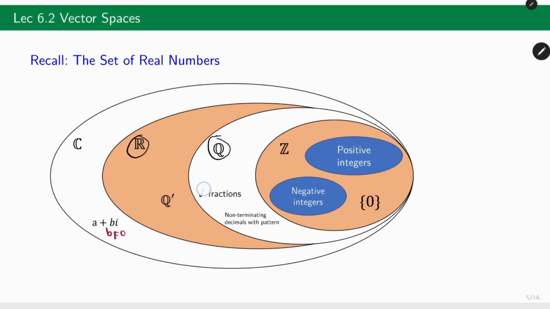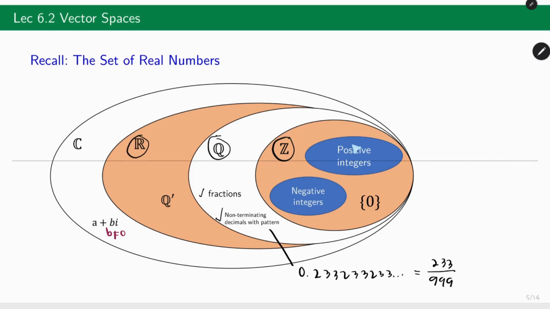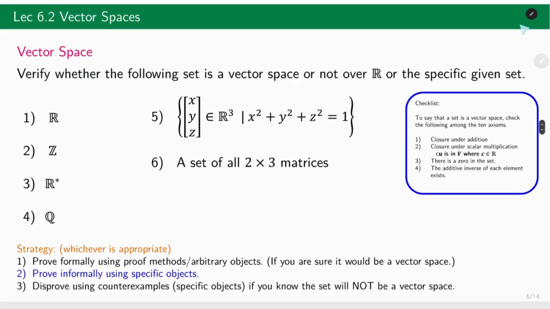Non-integers include fractions and non-terminating decimals with pattern. Meaning to say, numbers with repeating decimals with pattern can be written as fractions. Next, we have the set of integers. Inside the integer set, you have the positive integers, negative integers, and the set containing 0.